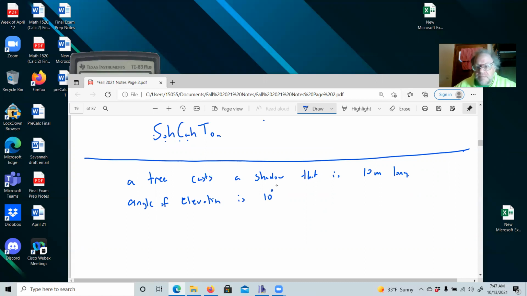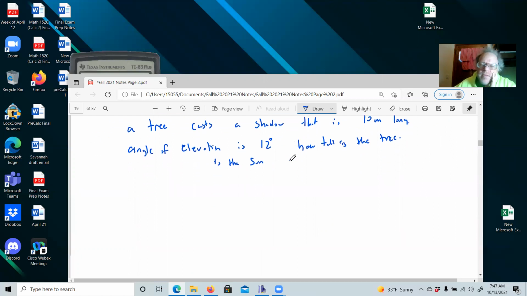Let's go, something that makes it like, why did you do that? We'll say 12 degrees. How tall is the tree? Angle of elevation to the sun.